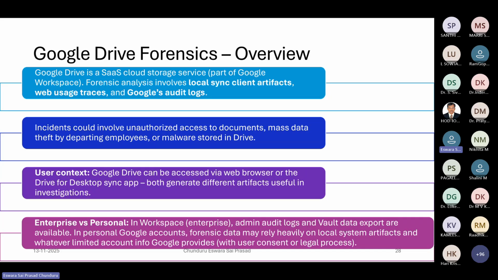The incidents related to cloud drive forensics involve unauthorized access to sensitive documents, mass data theft or data exfiltration by departing employees, and malware that is stored in the drive so that later it can be migrated to other systems for activating the malware for linked incidents.